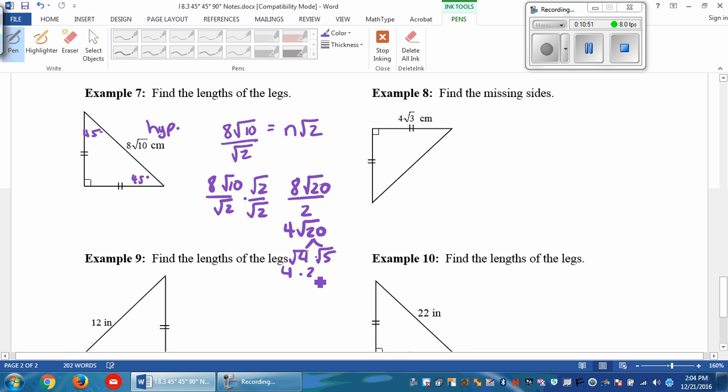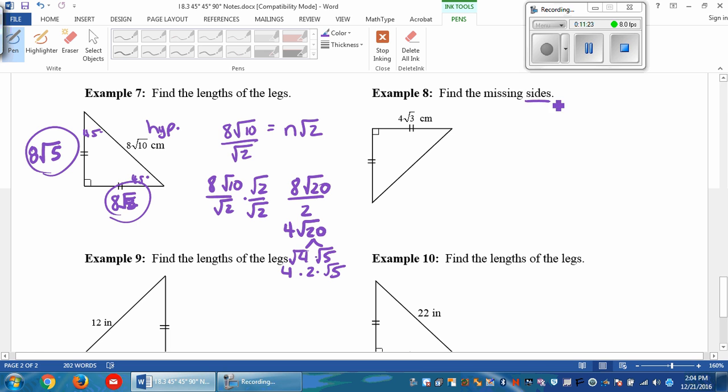So it's 4 times 2 times root 5, which is 8 root 5. Okay. Good so far? Okay.